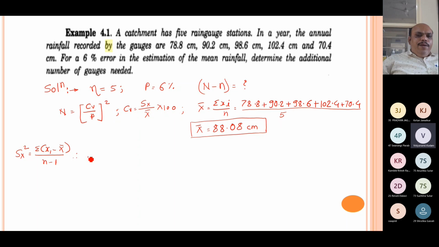Okay, hence for Sx square, now we can write summation of xi minus x bar. So what is xi? That is the value of station 1. It is bracket square 78.8 minus x bar, which is 88.08, bracket square.